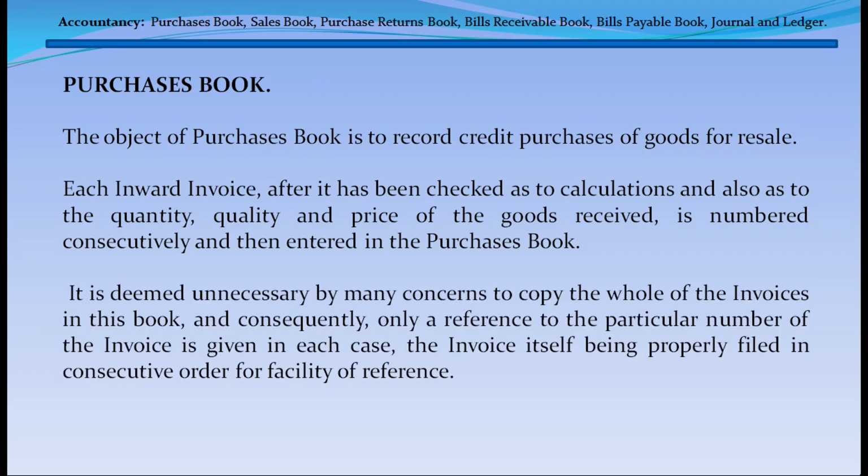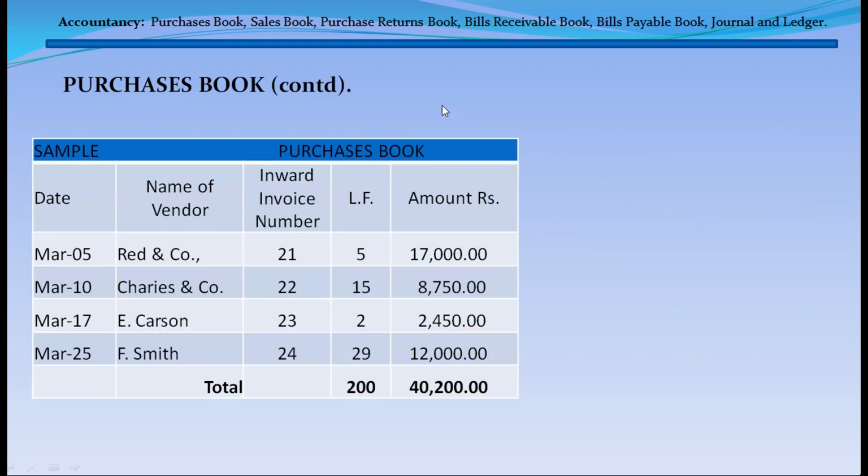It is deemed unnecessary by many concerns to copy the whole of the invoices in the book, and consequently only a reference to the particular number of the invoice is given in each case, the invoice itself being properly filed in consecutive order for facility of reference.